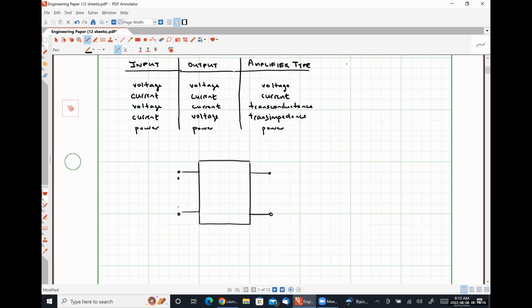This is the signal Vin of t. This is the signal Vout of t. The amplifier acts on that input signal to create that output signal. So I'm just going to label this down here, amplifier.